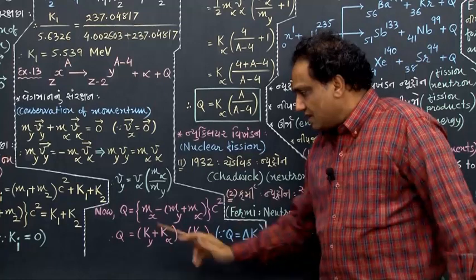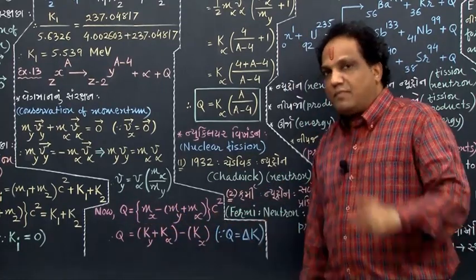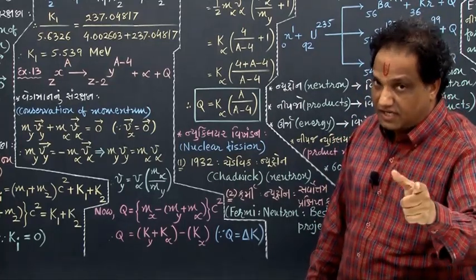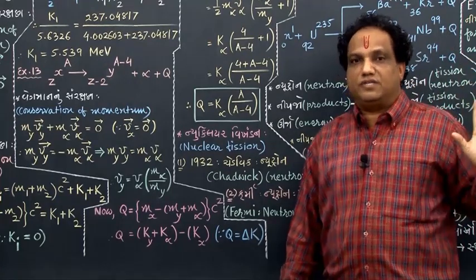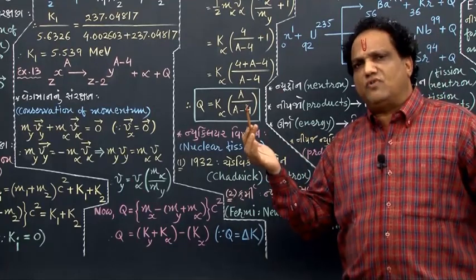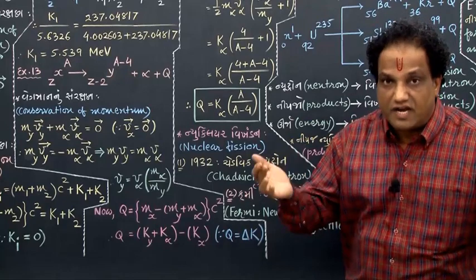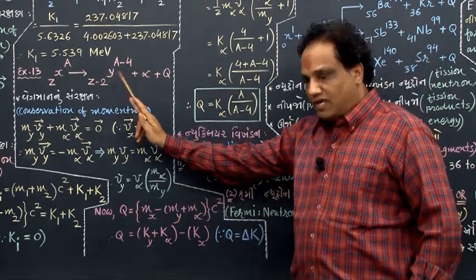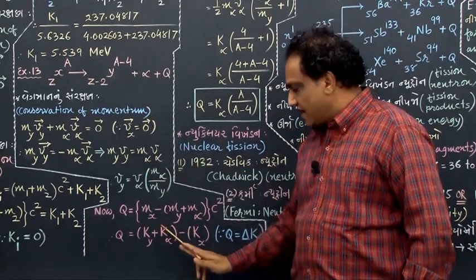And another formula for Q value of the reaction is also given in terms of kinetic energy. This is a formula of Q value in terms of difference in mass, but if you want Q value formula in terms of kinetic energy, remember it is just equal to change in kinetic energy. Change means what? Final minus initial. So what is final kinetic energy? For Y nucleus I am writing Ky plus for alpha particle I am writing K alpha.